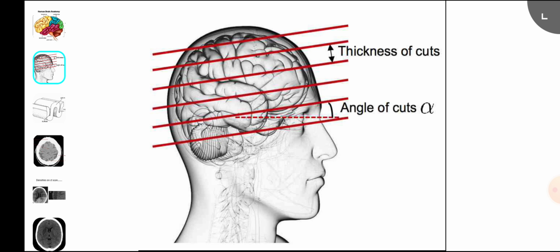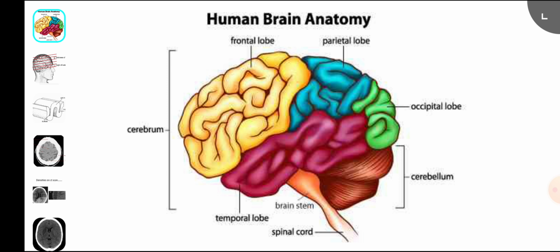So before really going into the thing, first of all, you need to keep in your mind the anatomy of the human brain. This is the frontal lobe, that's the parietal lobe. This is occipital, this is temporal, and this is cerebellum. And here you have the midbrain, and you have pons, medulla, and spinal cord.